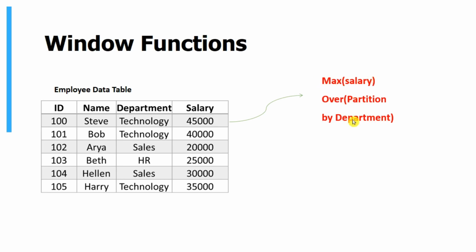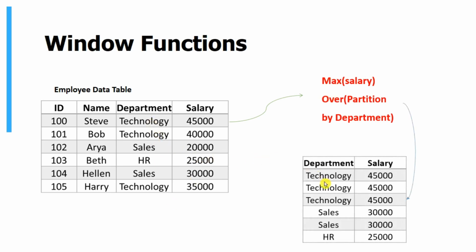These two work hand in hand. What PARTITION BY department is doing is grouping every identical department together and finding the maximum salary in each identical department. We can see our results below.